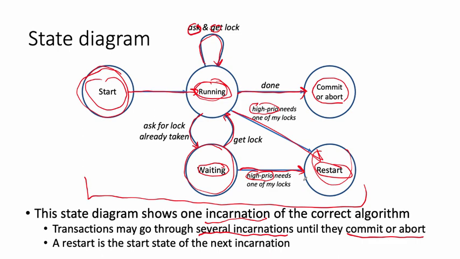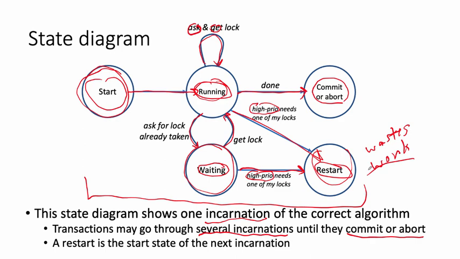So restart actually wastes some work. Of course, it is kind of inefficient because all the work that the transaction did is wasted and it has to start over again. So the price we have to pay here for deadlock avoidance is somewhat lower performance, okay, because of the restart. But this is unavoidable. It's very hard. You have to pay some price.